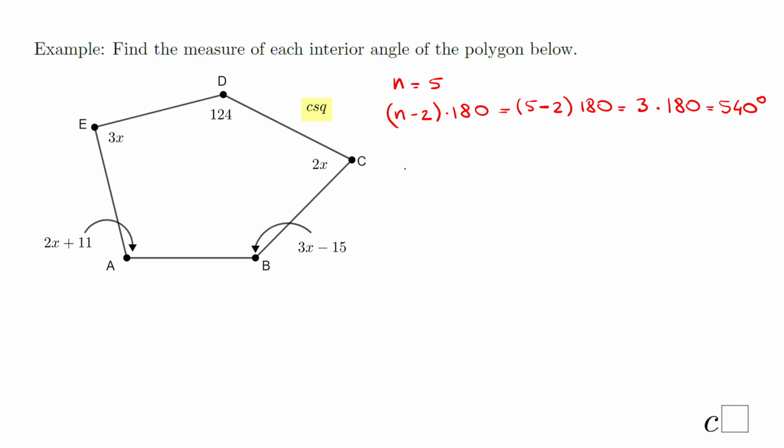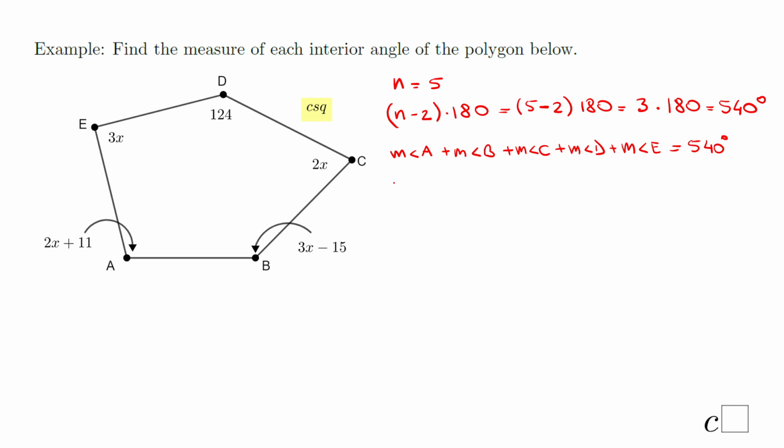Now we can write the fact that the measure of angle A, the first one, plus the measure of angle B, plus the measure of angle C, plus the measure of angle D, plus the measure of angle E, the 5 angles of this pentagon, right? We have 5 angles. The sum of these 5 angles is 540. And now we're going to replace each measurement with the expression or the value we have.